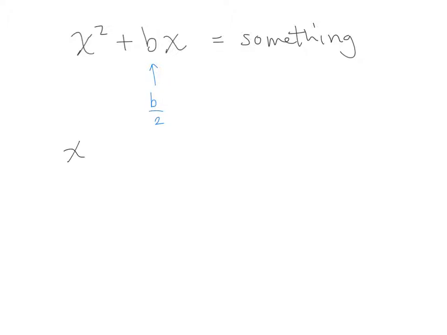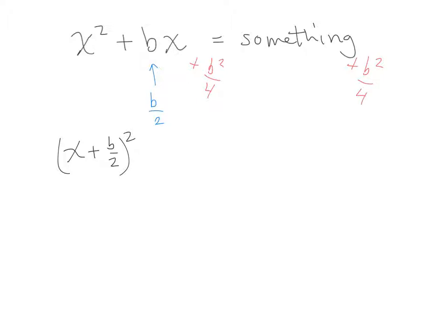What that means is we can do x plus b over 2 quantity squared, and if we FOILed this out, we're going to get b over 2 squared, which means we're going to add b squared over 4 to each side, and that would complete the square.